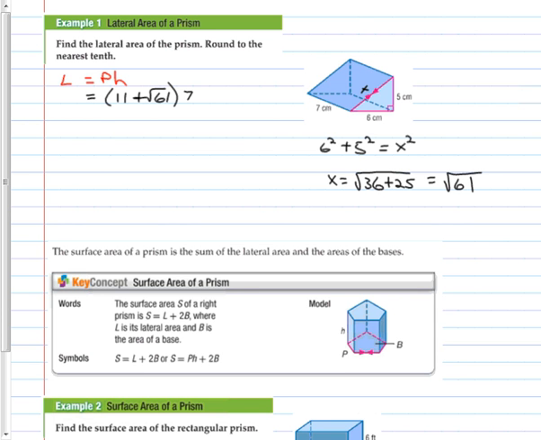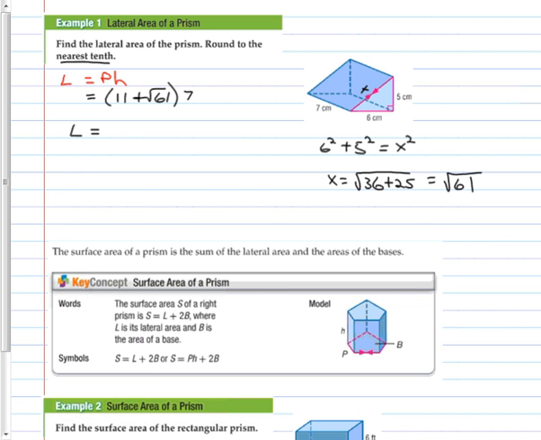Now go to your calculators and tell me to the nearest tenth, since that's what they requested us to do. So we won't round until we get our final answer. What number do you get? 65.7?